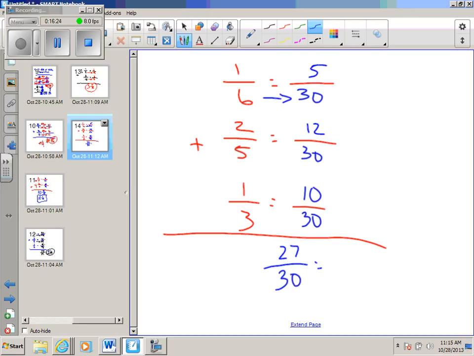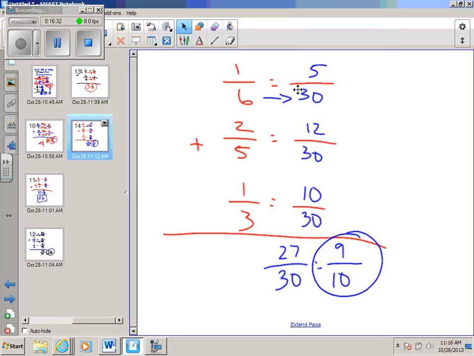So 27 divided by 3 is... So you will have to simplify if it calls for it. Yes. 9/10. So when you re-added those, you got the 27.